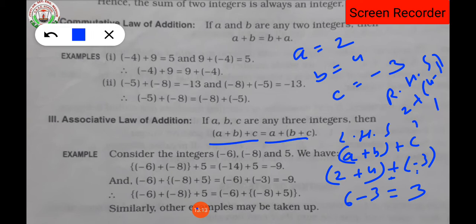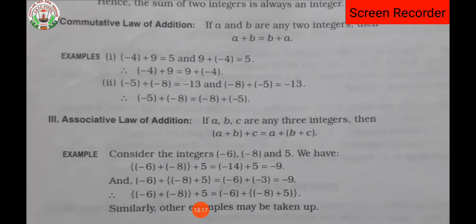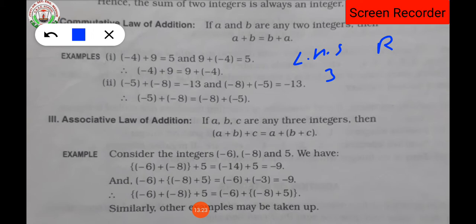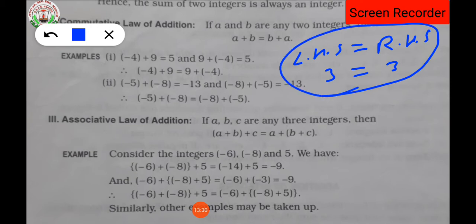Plus 1. So 2 plus 1 will be 3. Isn't it? So look here. LHS answer we are getting as 3, as well as the right hand side RHS answer also we are getting the same. That means LHS and RHS both values are equal. Hence the associative property of addition of integers is satisfied.